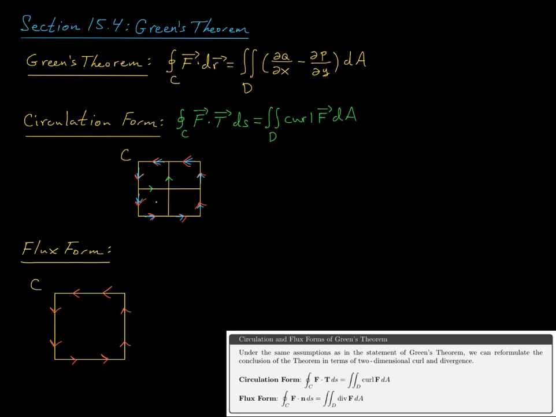Okay, what about this square? How would I orient that? Well, I'm going to have to go down, then over, then I'm going to have to go up, and then when I come over here, notice I'm actually going to be moving in the opposite direction as this. So when I look at the circulation of my vector field on, say, this boundary and then on this boundary, the two contributions along this common edge are actually going to cancel out. Aha, okay.